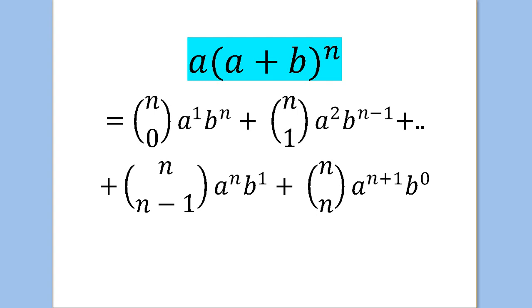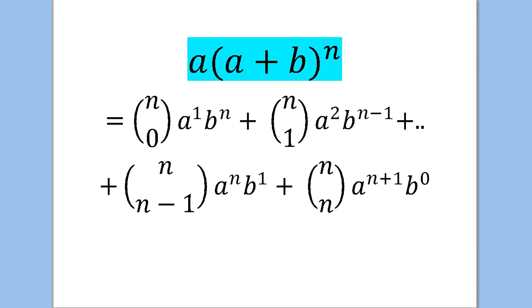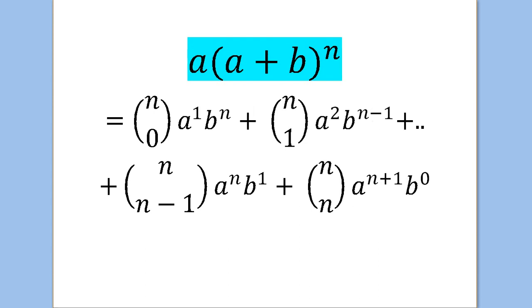We have an n choose 0, a^1, b^n. And here we have an n choose 1, a^1, b^n. But the first term in this one is a^0, b^(n+1), but we don't have that in the a times expansion. So that'll sit on its own. But in the a times expansion we have the final term with a^(n+1), b^0.